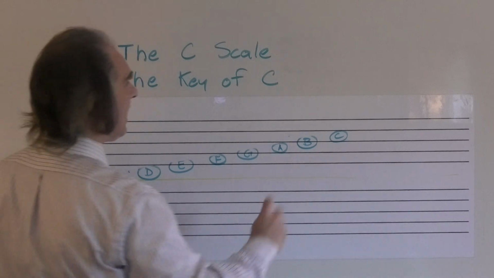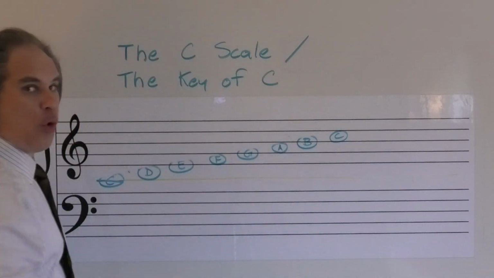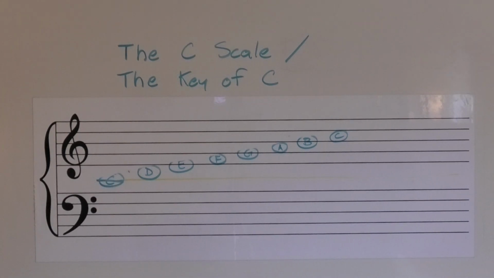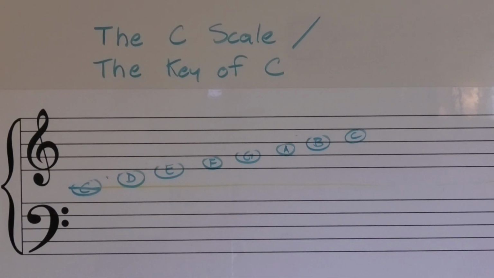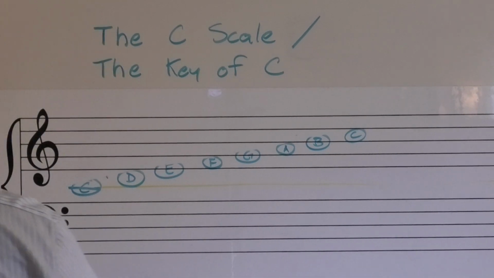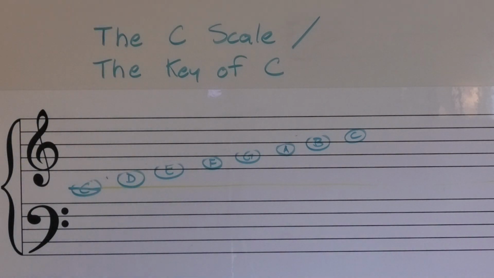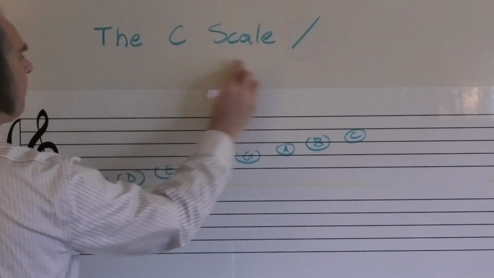Now I'm going to write a slash. That's called a slash, and it means or. So you can say the C scale or the key of C. From C to C. Now I'm going to use a different color.